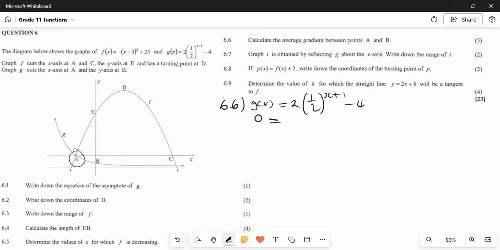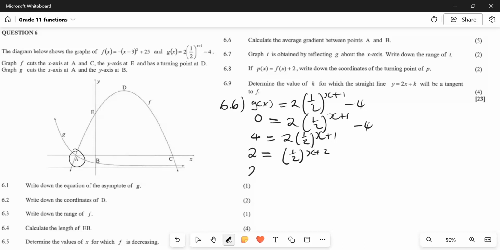So this is 0 equals to 2, 1 over 2, x plus 1, minus 4. Let's try and transpose that negative 4. So now it becomes positive 4, 2, 1 over 2, x plus 1. And then we can divide both sides by 2. Now you have your 2 equals to 1 over 2, x plus 1.